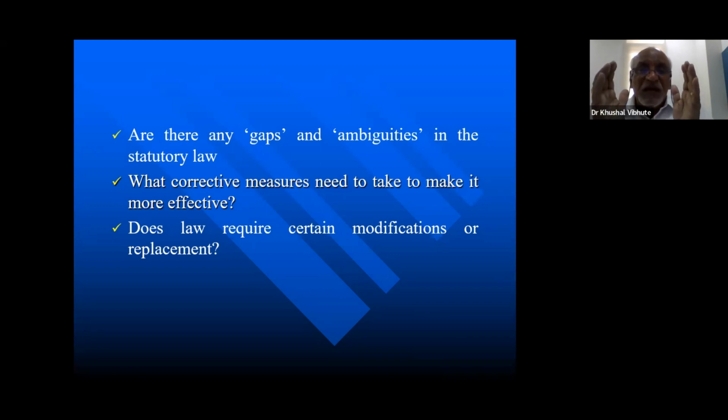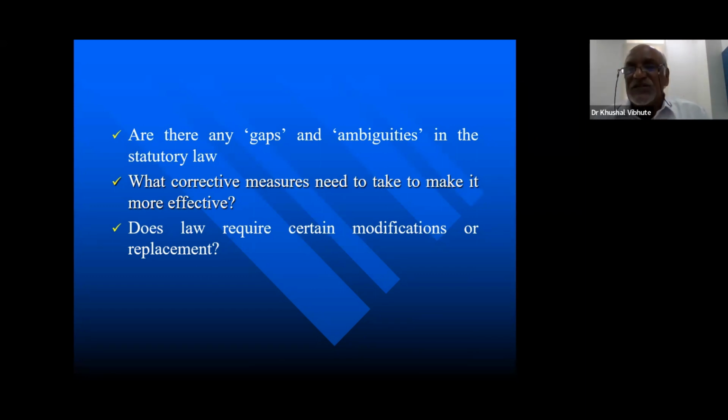These are the possible legal facts he may put to inquiry: who did it, who objected to it, for what reasons, what gaps, ambiguities, measures, suggestions, and modifications. These are some of the legal facts which you may think of inquiring into in a systematic and scientific way. This is the first perception.